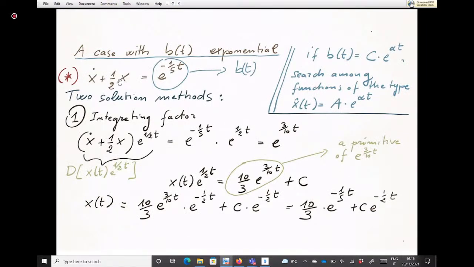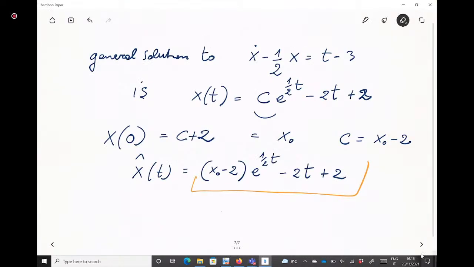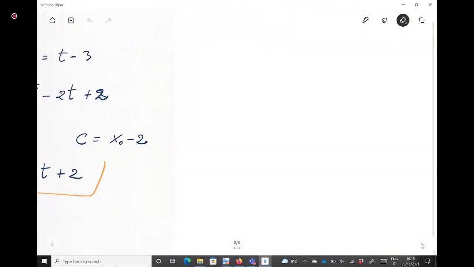x dot plus 1/2 x is equal to exponential minus 1 over 5t. This is b of t.